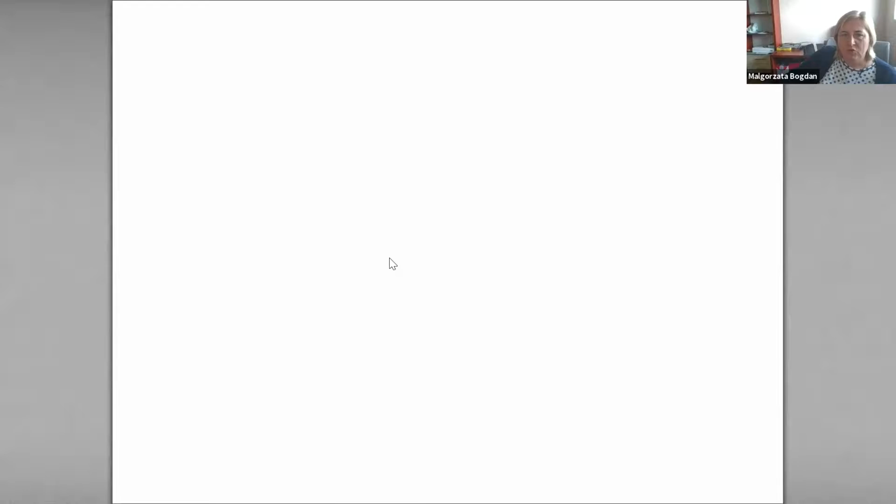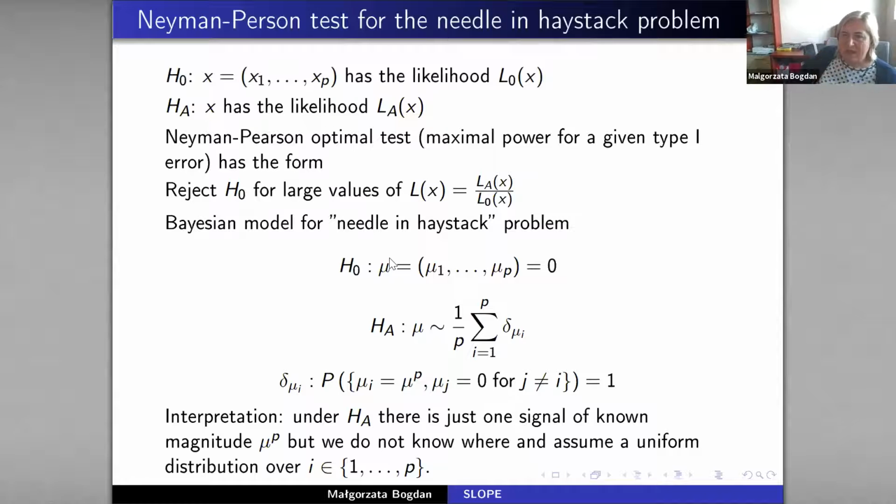So what people do, I don't know if you know Neyman's tests. If you compare two distributions, one is called H0 and one is called HA. Okay, so we have L0 and LA. L0 is your null hypothesis and LA is your alternative hypothesis. If you know exactly these distributions, we know how to construct the optimal test.